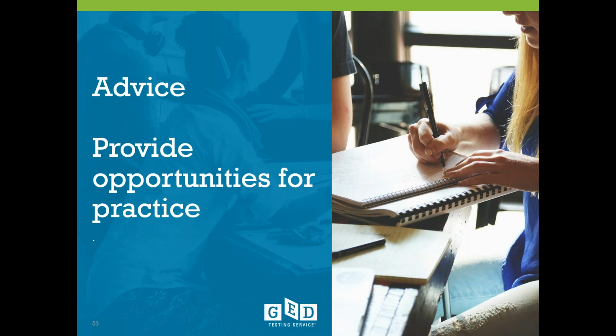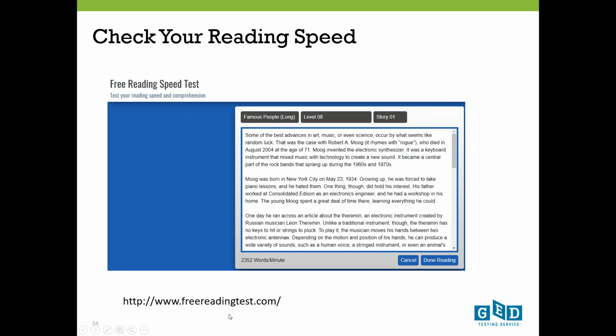So provide opportunities for practice. There is a free reading test, and it just happens to be at freereadingtest.com, where you can actually go through, and it has a number of words, and you can see your reading speed. And you can pull different levels. There's a number of different ways that you can do it, and it just gives you a score at the end.